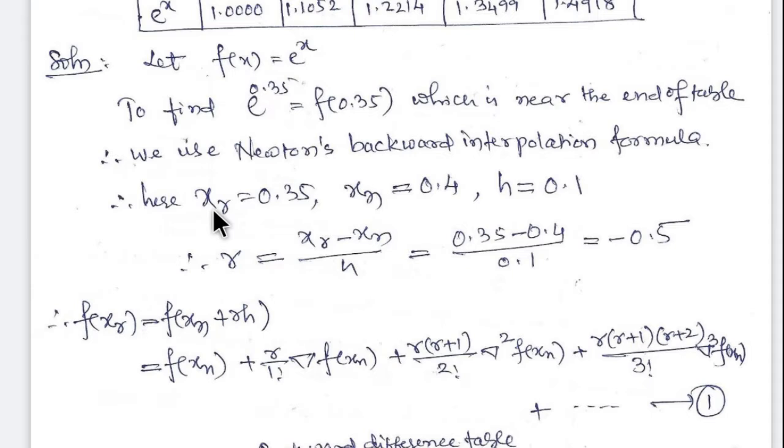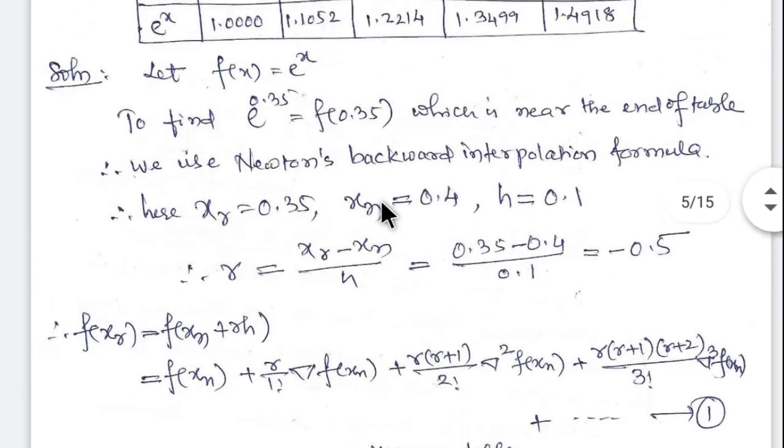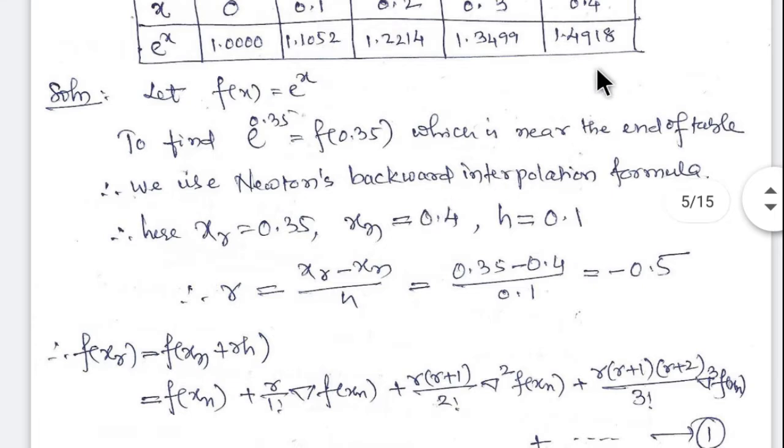Here x_r is 0.35. Whatever they want, e raised to 0.35, means f of 0.35. This is x_r, equal to 0.35. For x_n, we take the last value in our table, 0.4.